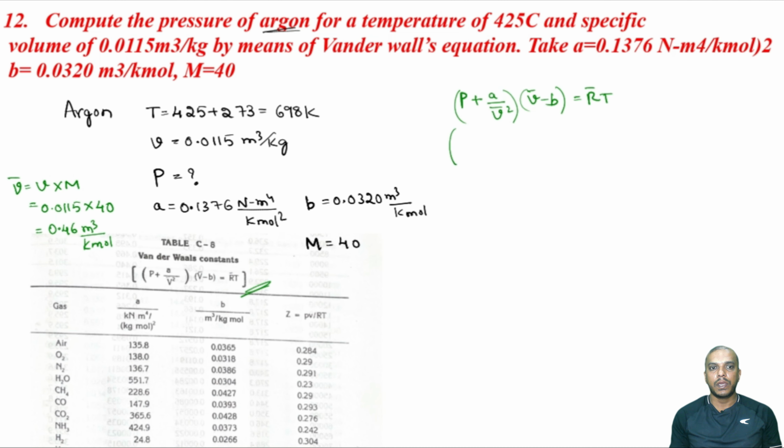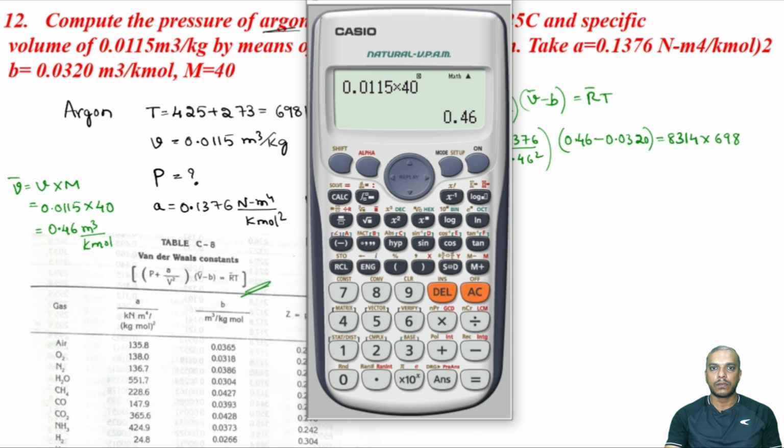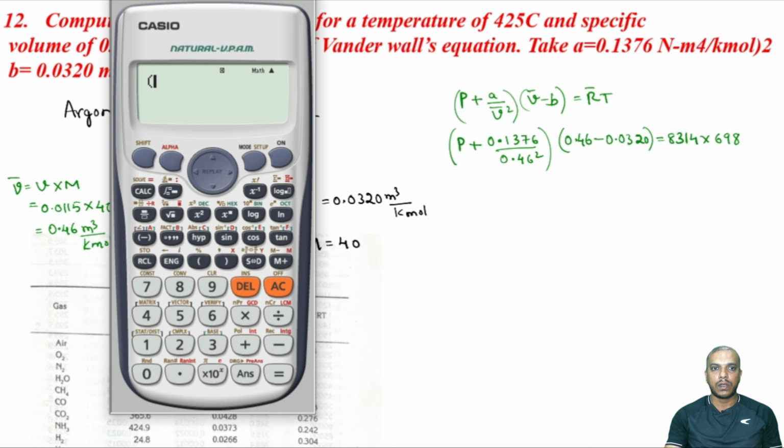So, we will solve this equation now. P is the unknown, so we keep it as alpha x plus 0.1376 divided by V bar square, that is 0.46 square, into V bar minus B, that is 0.46 minus 0.0320.